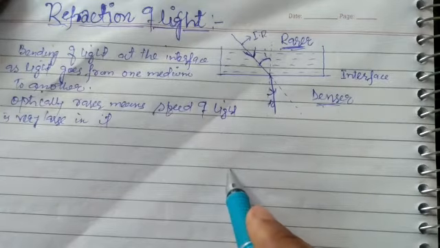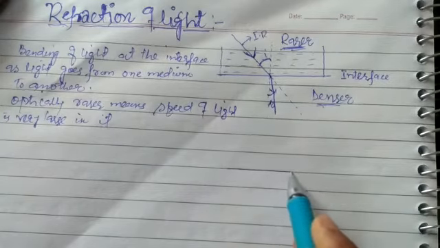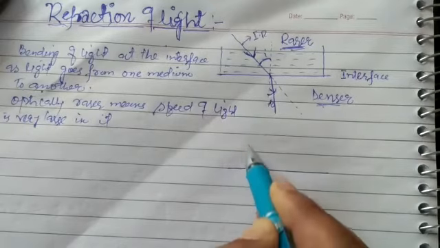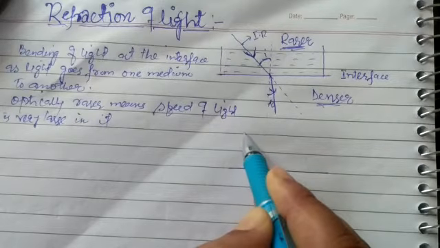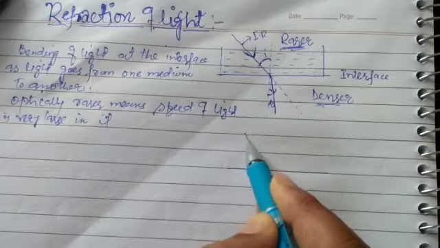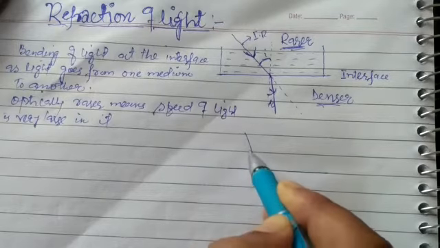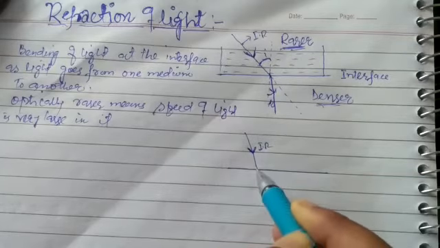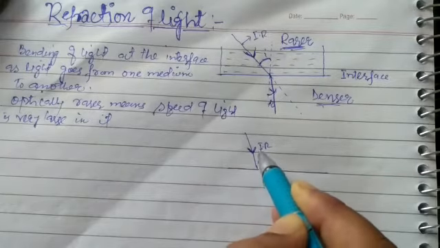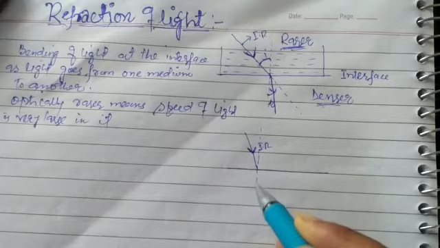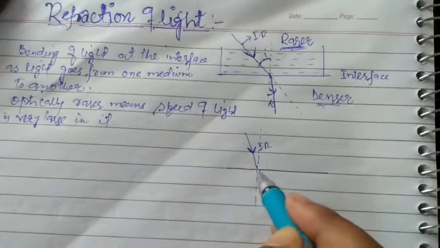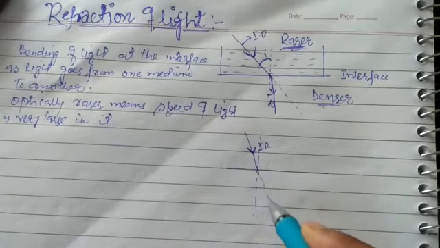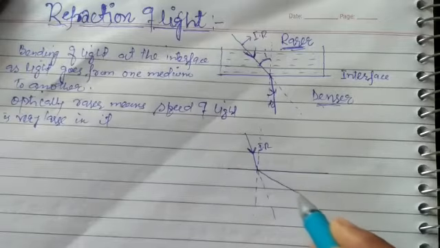Now there can be another situation. This is a ray of light falling obliquely, the incident ray. This will be the normal here. Now the actual path is like this, but it bends and goes like this.